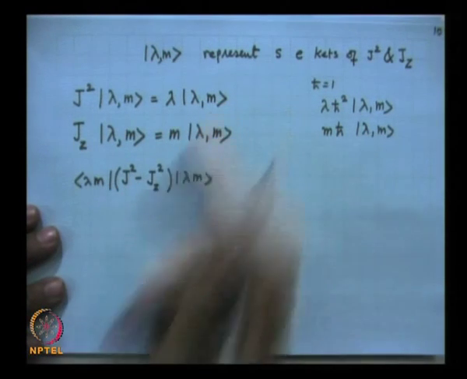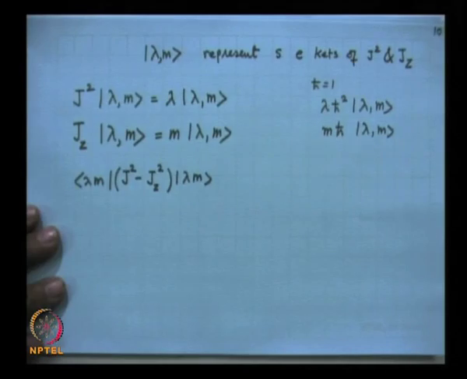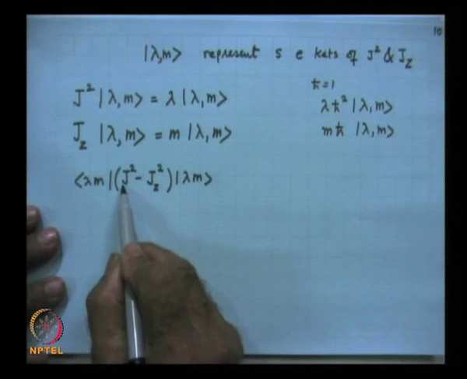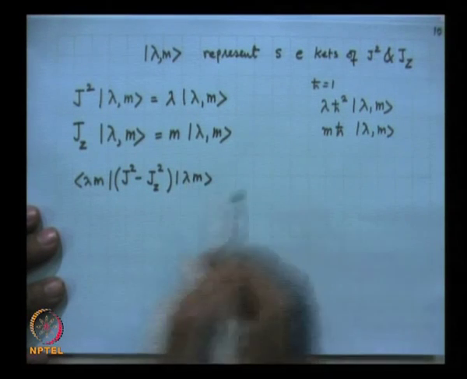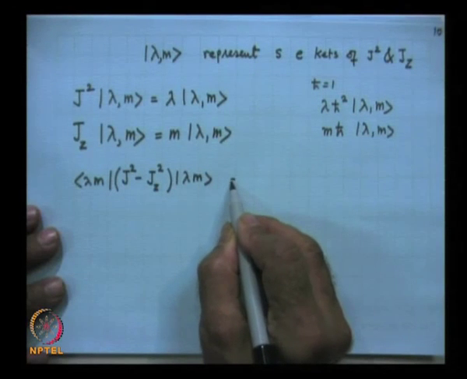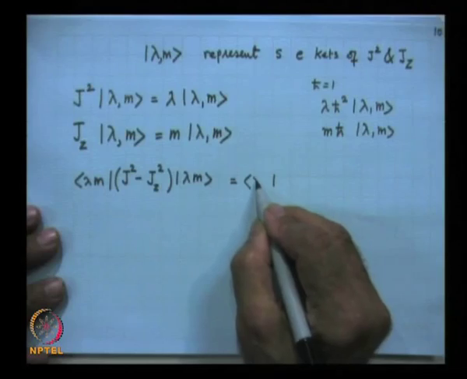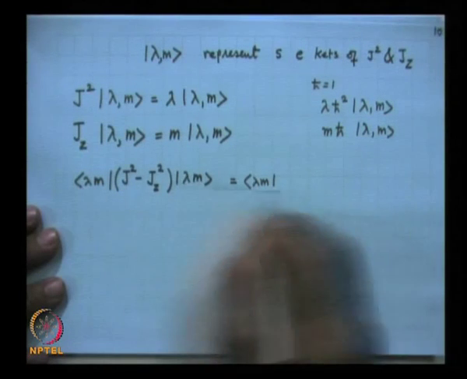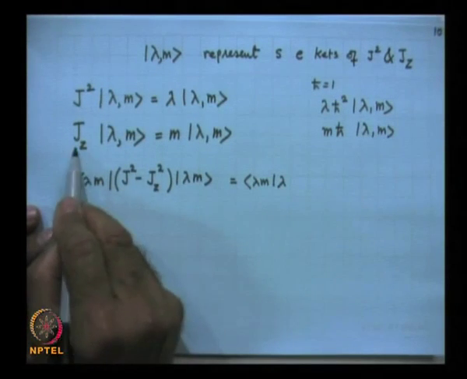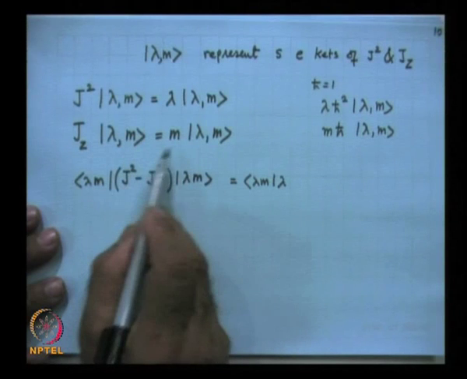These are orthonormal kets because they belong to real Hermitian operators, they are eigenkets of the Hermitian operator. So, j square operating on ket lambda m gives lambda, and jz operating on lambda m is m.